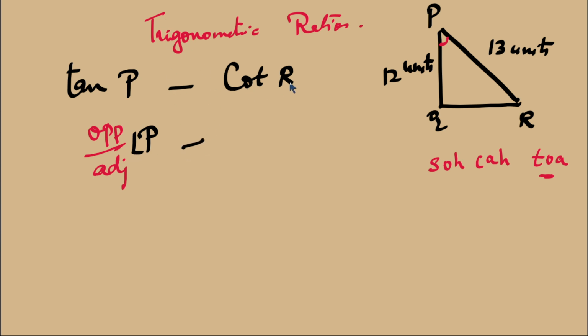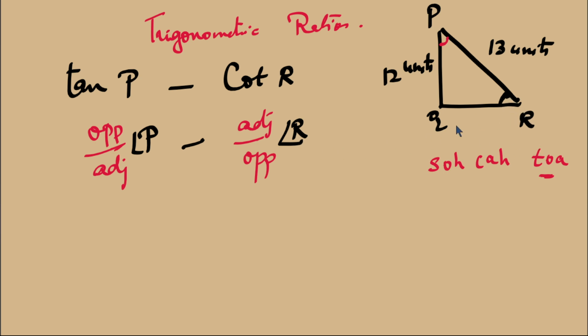And what about cot R? Cot R, cotangent is just the reciprocal of tangent. So if this is opposite by adjacent, the other one would be adjacent by opposite, but this is with respect to the angle at R. This angle R. The one in black is angle R.